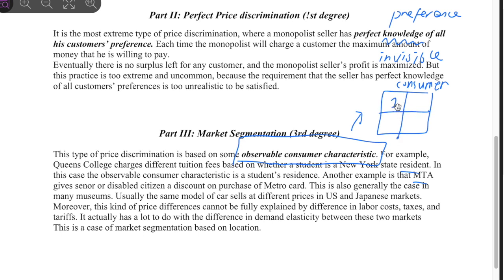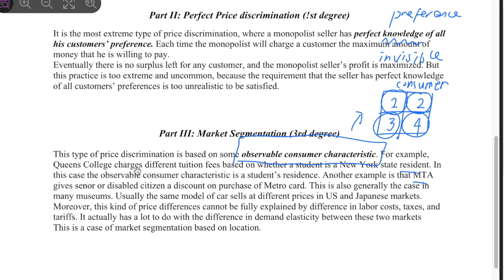We have type 1, type 2, type 3, type 4. Let's think of it this way. We have different types of consumers, and depending on which group you belong to, your price will be decided.